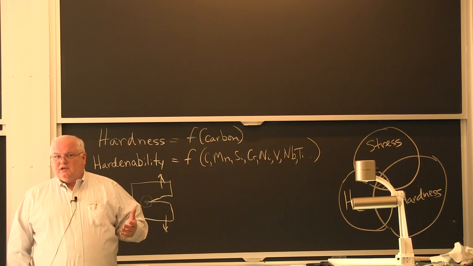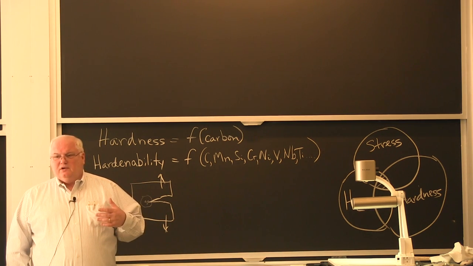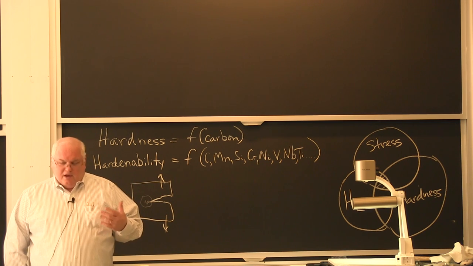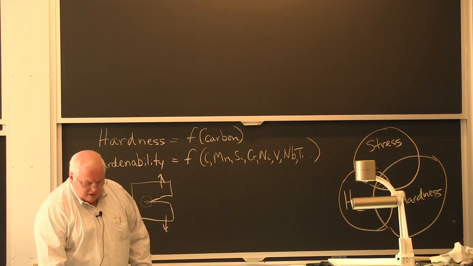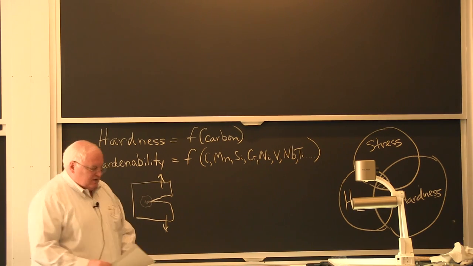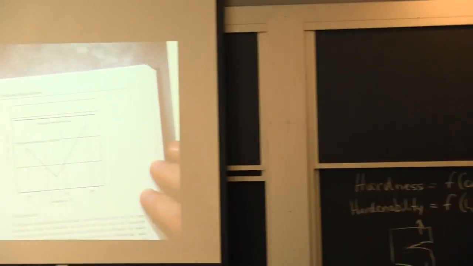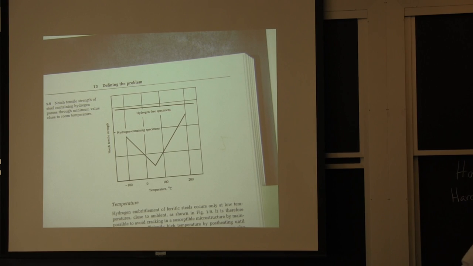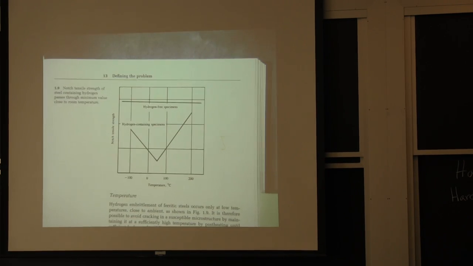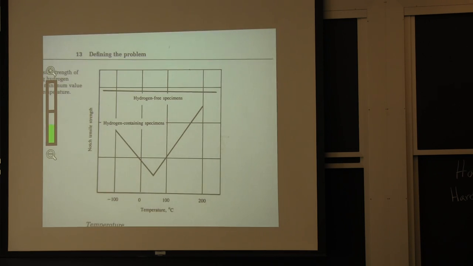How much time it takes depends on how much hydrogen is present, the thickness of the steel, and a number of other things. But unfortunately for us, in the world we live in, the rate that hydrogen diffuses and can cause cracking happens to be greatest or lowest on this diagram. Let me go up a little bit.